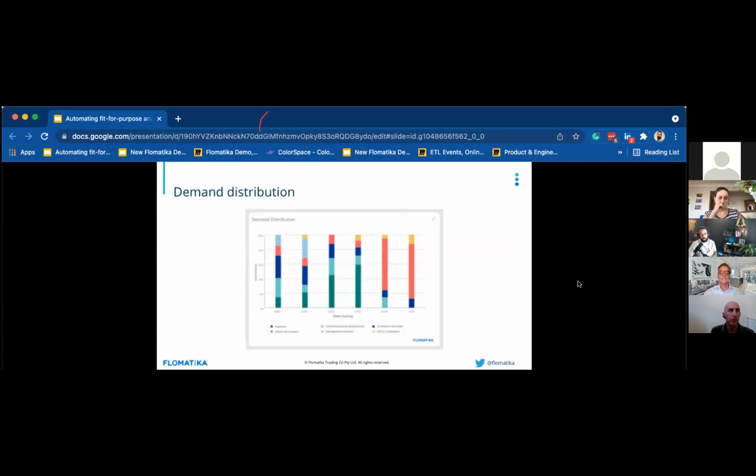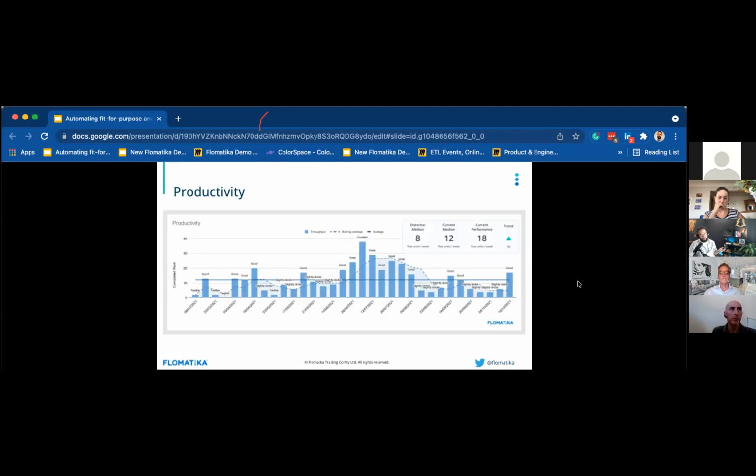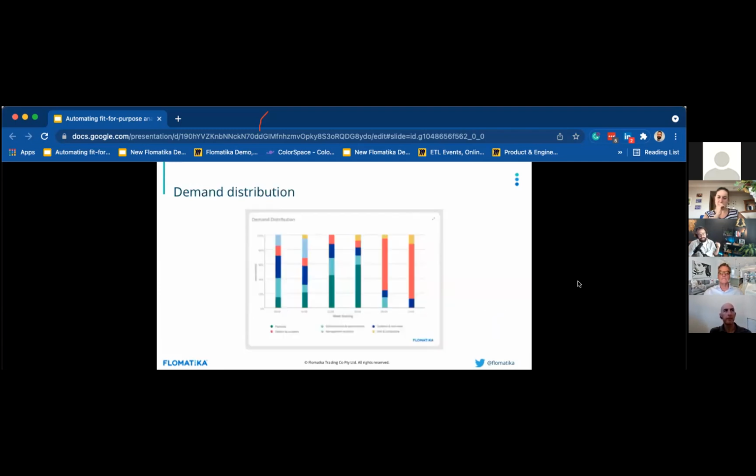So the next one is, all right, if you understand how much we are producing, now let's look at the demand distribution. We are not looking here at issue types, because if we were, we would potentially have hundreds of different items here. But here again, we are looking at customer language, what the customer understands.